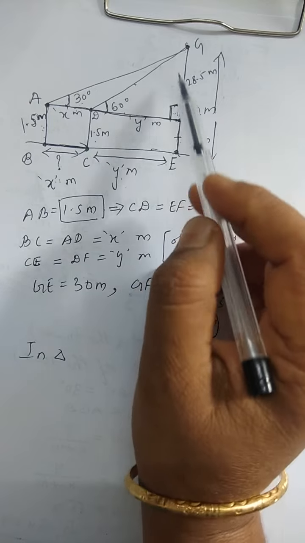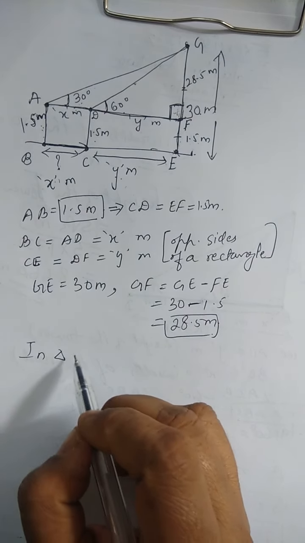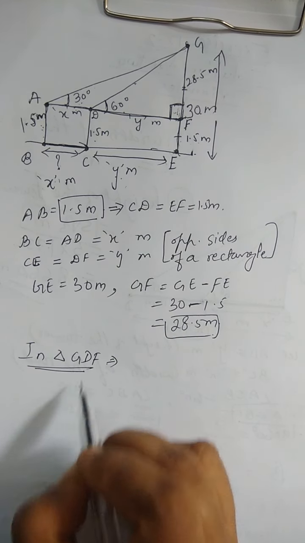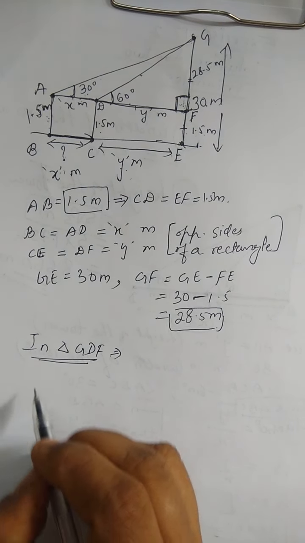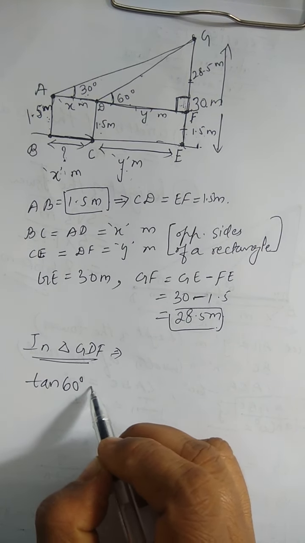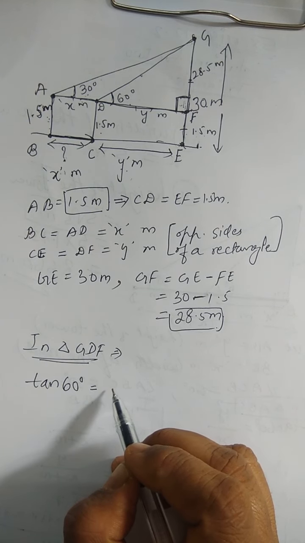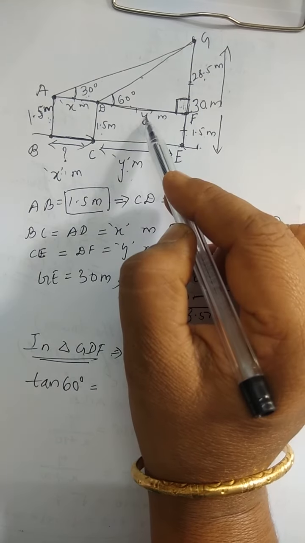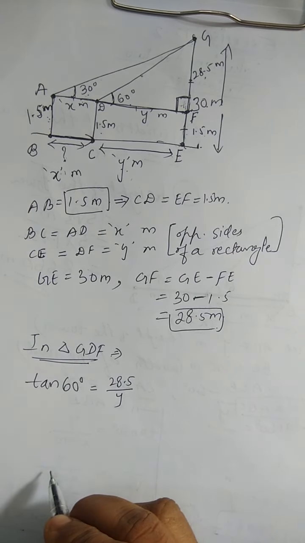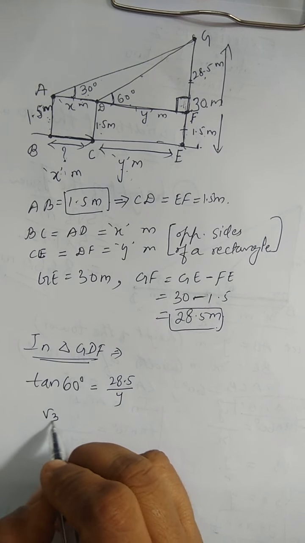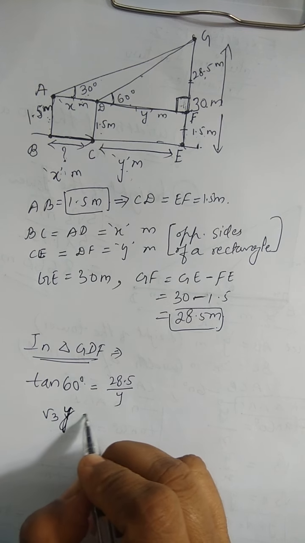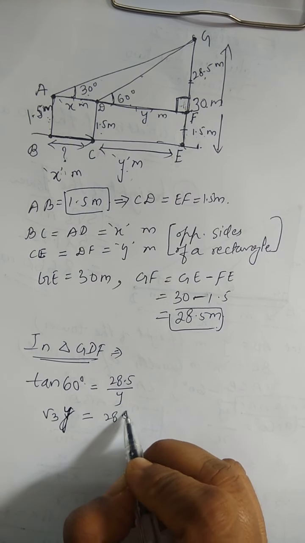We have to consider GDF. In triangle GDF, what things are given? tan 60 degrees is equal to opposite side upon adjacent side, that is 28.5 upon y. tan 60 degrees is root 3, and y will go here, so root 3 y will be equal to 28.5.